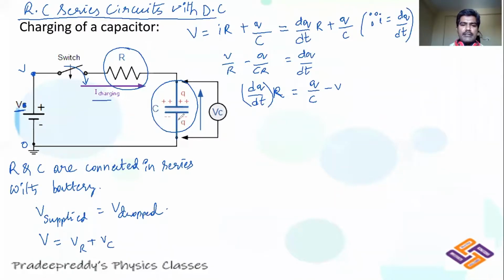So when these plates are completely filled with charge, there will be no other charge transfer in the circuit, because the capacitor is now completely charged. As there is no charge transferred over here, current in the circuit becomes zero, and that is known as steady state.